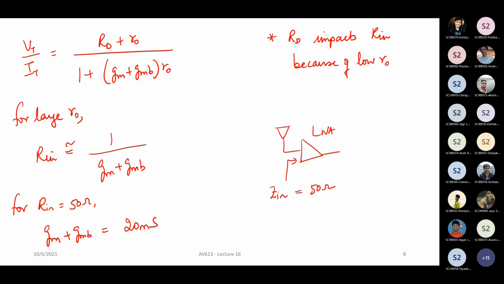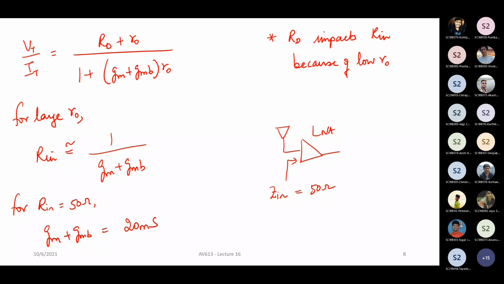So wherever you have transmission lines coming into the picture, you have RF signals in the picture, where you want to provide some amplification and an input impedance which is quite low, something like 50 ohm, 75 ohm, this is one of the good architectures to use. So if your R0 is larger, you get 1 by Gm plus Gmb.